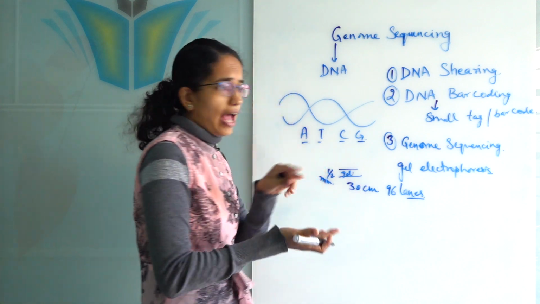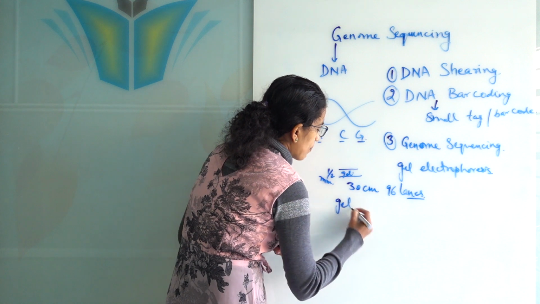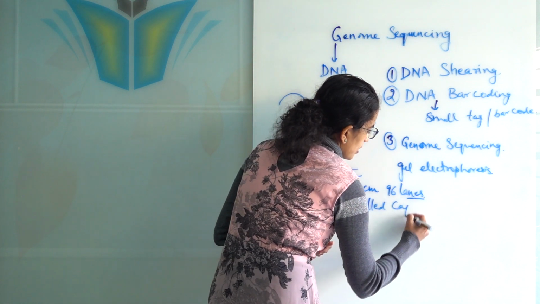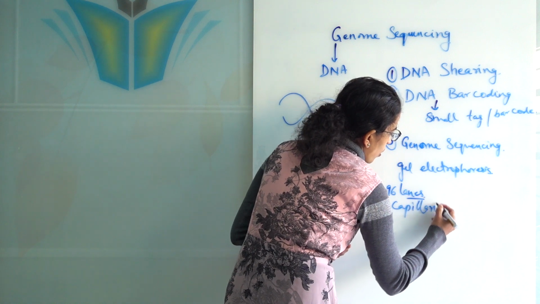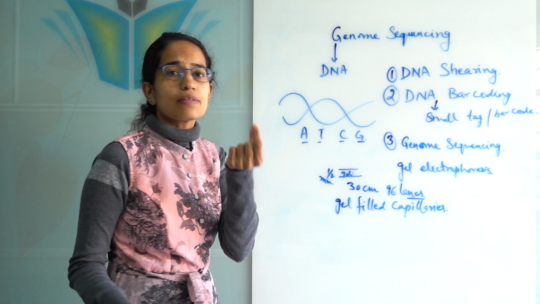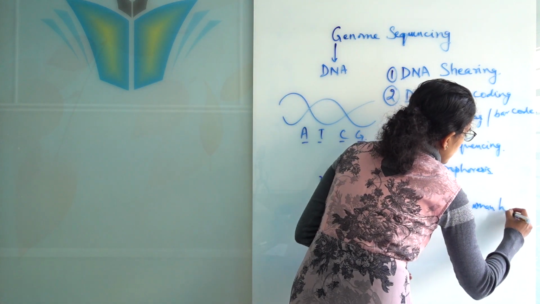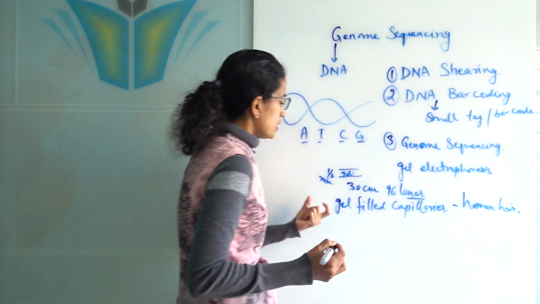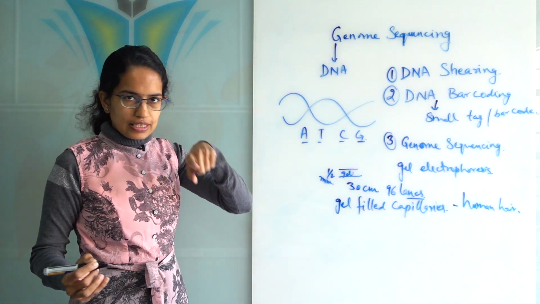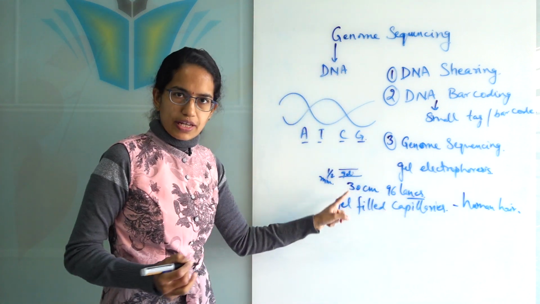Now there has been another development here. Rather than this slab-based gel electrophoresis, there are gel-filled capillaries. Gel-filled capillaries are similar to small wires, with a very fine width, similar to a human hair. Across that small capillary, these DNA sequences move, again going through the process of electrophoresis.